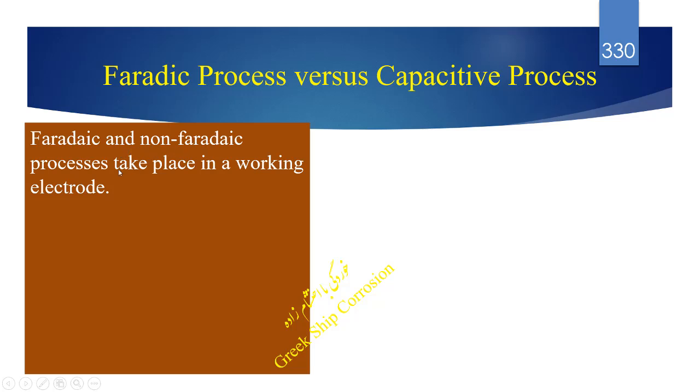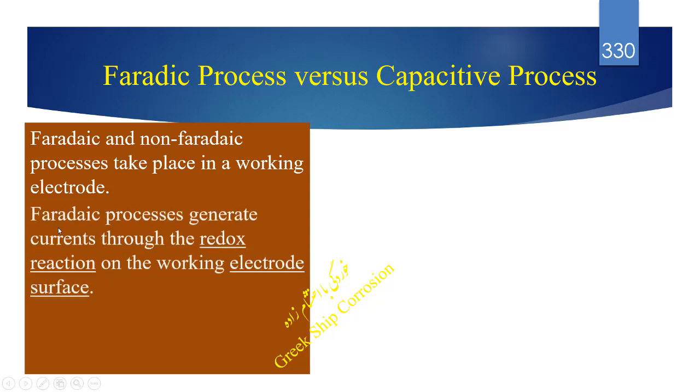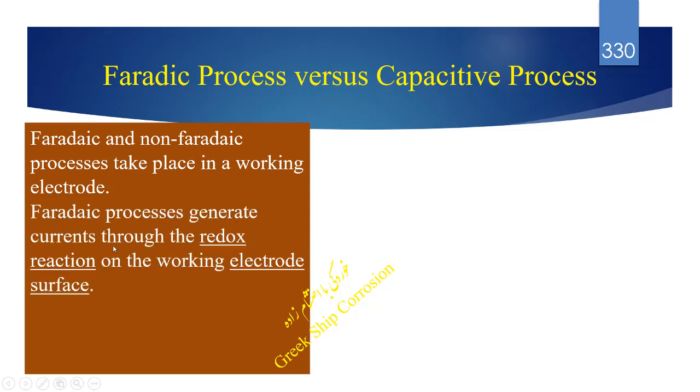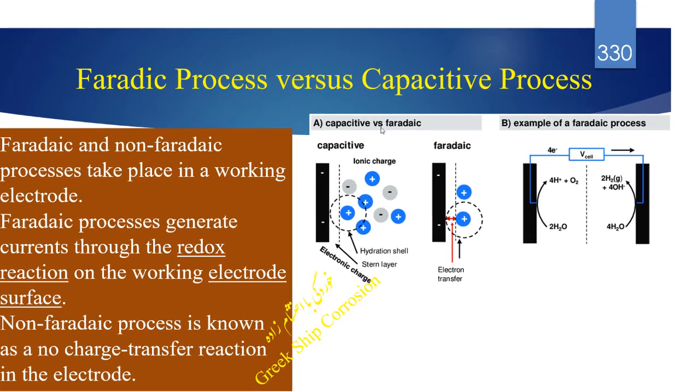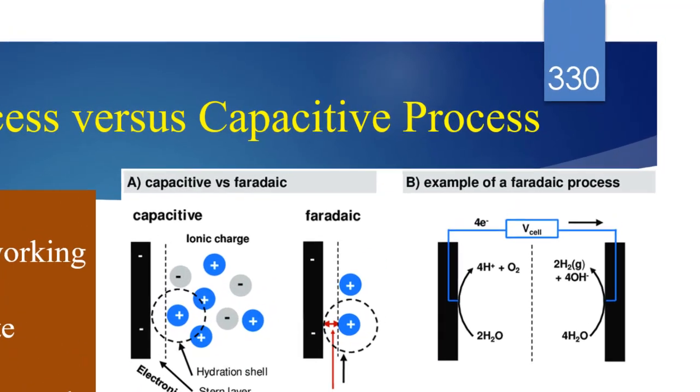Faradaic and non-Faradaic processes take place in a working electrode. Faradaic processes generate currents through the redox reaction on the working electrode surface. Non-Faradaic process is known as a no-charge transfer reaction in the electrode, a capacitive versus Faradaic reaction.